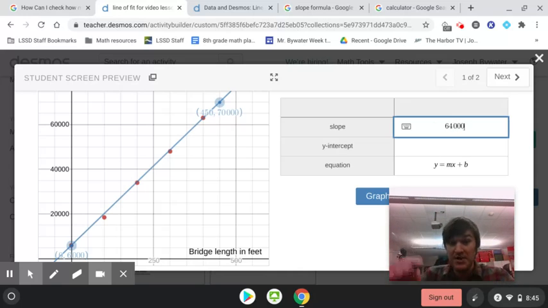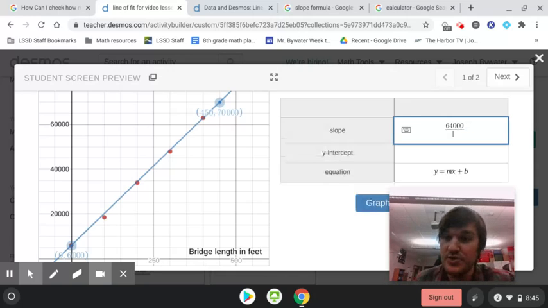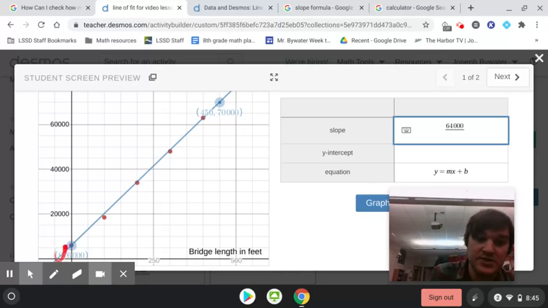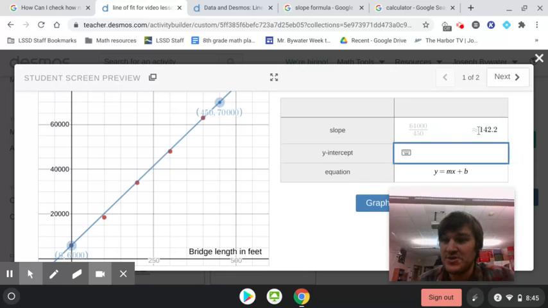I'm subtracting the y values, so that's the top. Below, the bottom part, the run, is subtracting the x values, which I have 0 and 450. Well, 450 minus 0 is just 450. There's my slope, and it turns out in Desmos it will turn that into a decimal for us, or reduce the fraction, which is helpful.